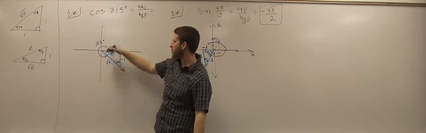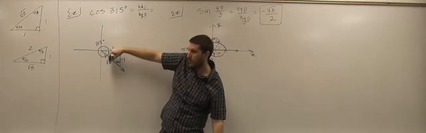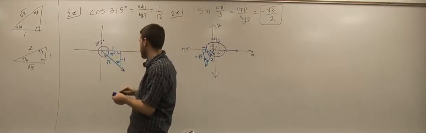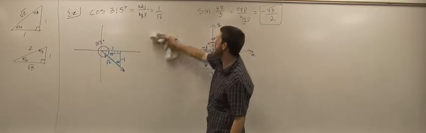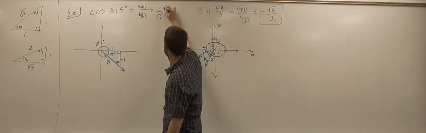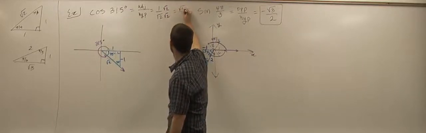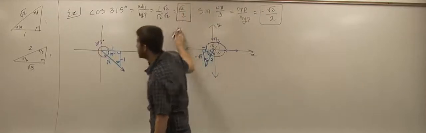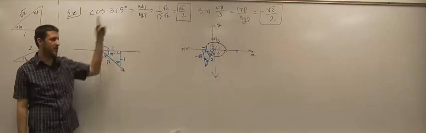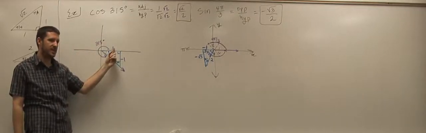Adjacent refers to the reference angle, so adjacent is 1 over root 2, which is not exactly an acceptable format. So you rationalize, just like you rationalize away your problems in life. Root 2 over 2 will be your end result, positive. Even though we had a negative here, my cosine still ended up being positive because the negative was not on the adjacent side. It wasn't on the x.